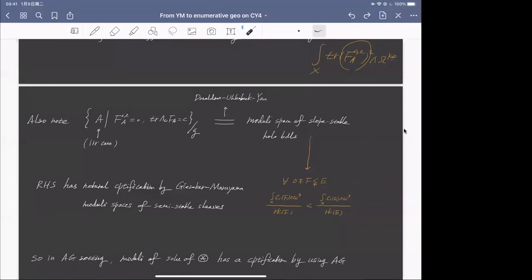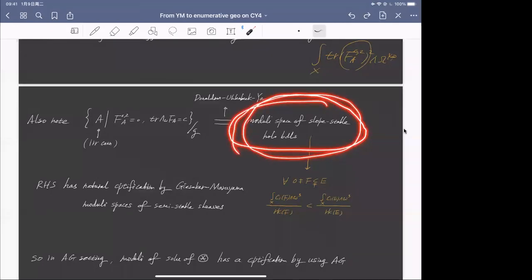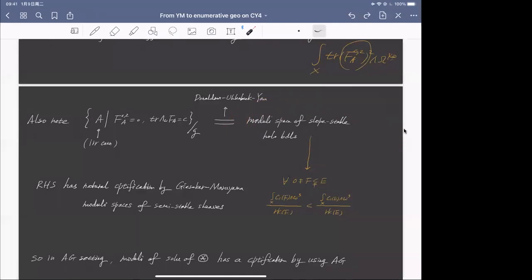Now through this Donaldson-Uhlenbeck-Yau theorem, we see that the moduli space of solutions of Hermitian-Yang-Mills equations has a compactification, a description by complex and algebraic geometry. Here there is a powerful tool of compactification by adding so-called Gieseker-Maruyama semi-stable sheaves.